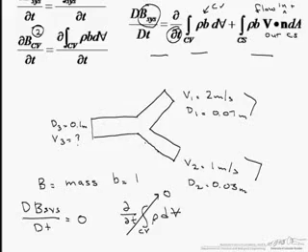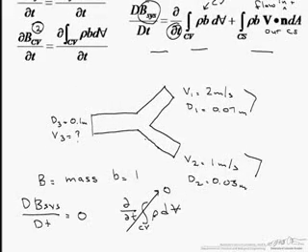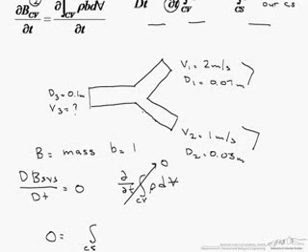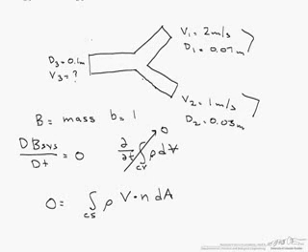So what we're left with is that 0 equals the integral over all of our control surfaces of rho, remember little b is 1, v, which is a velocity, dot n, so that's the dot product of the velocity and the unit normal coming from the control surface, times our differential area. So how many control surfaces do we have here? We have 1, 2, and 3.